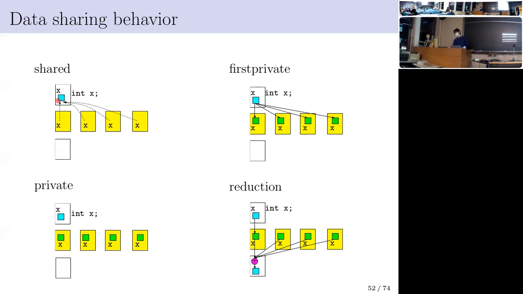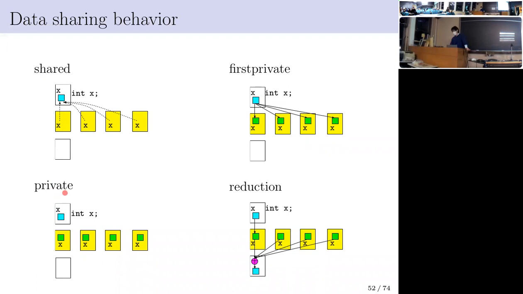So shared means that if some thread assigns a value to this X and some other thread later reads from it, then the second thread is going to get the value written by the first thread. So this is shared.